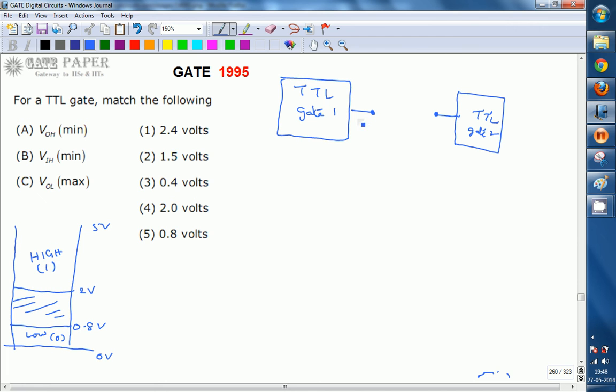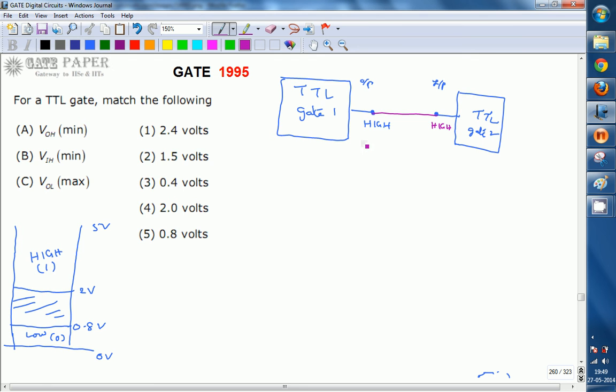If the output of TTL gate 1 is at high level, it is acting as output, whereas for gate 2 it is acting as input. So if the output of TTL gate 1 is high, then at the input of TTL gate 2 it must also be accepted as high level.